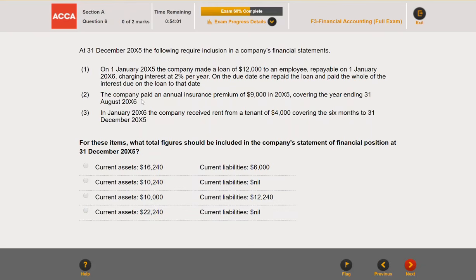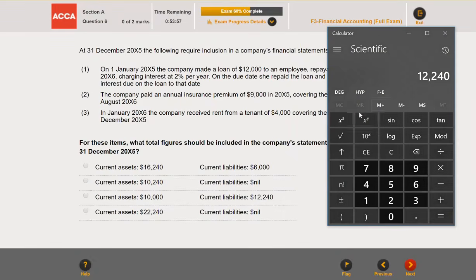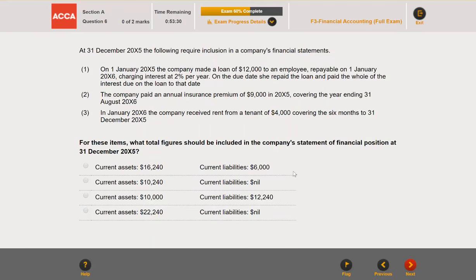So we take 9,000 divided by 12 and multiply by 8, because 8 months is the advance. So it equals 18,240, including the first 12,000.